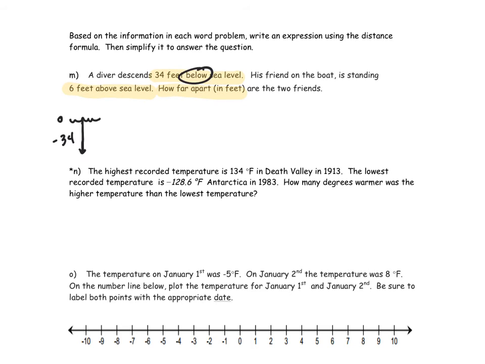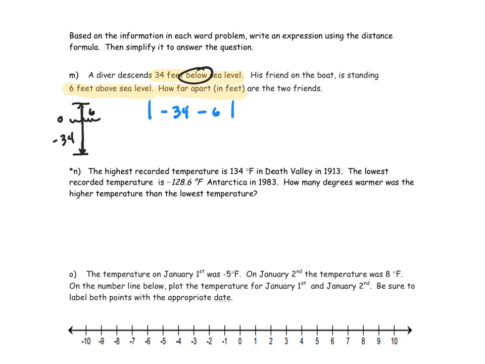And his friend, who is above sea level, is 6 feet, so we'll call this positive 6. So we want to know the distance from where his friend is and where the diver is. So please write an expression that you think might be able to represent this problem using the distance formula, and then check back with the answer.